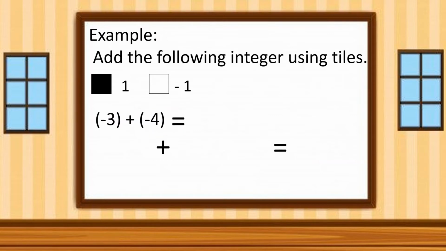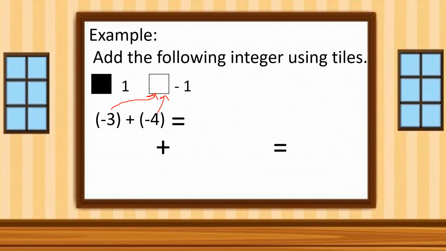Next, let's have the next example. We have here negative 3 plus negative 4. So, kung mapapansin ninyo, ang ina-add natin ay negative. So, malinaw na ang representation nito, negative 3, at saka itong si negative 4, is the unshaded tile.